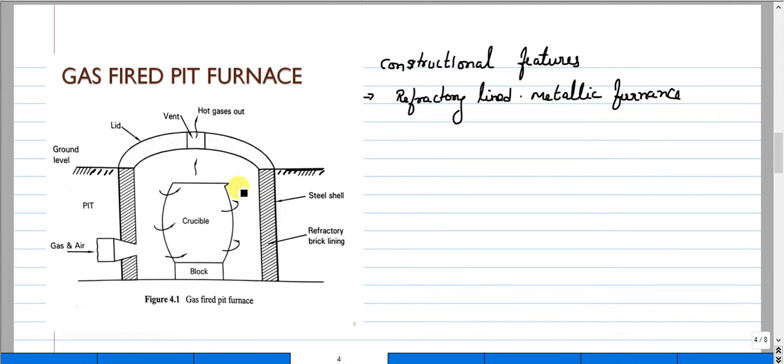So here the crucible is usually made up of silicon carbide, and we have further arrangement, and we have a vent where the hot gases will escape.